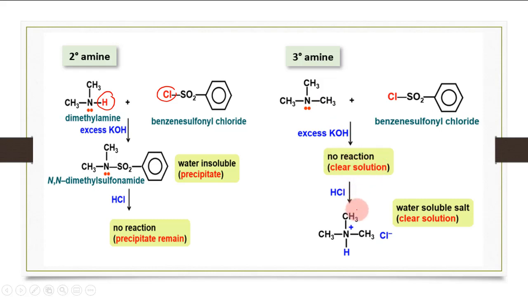In the second step, the original amine reacts with the acid, base reacting with acid, creating an ionic ammonium chloride salt, which is water soluble. So you see a clear solution. For the tertiary amine, you observe a clear solution in both steps.